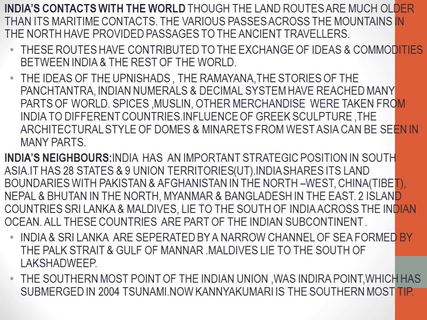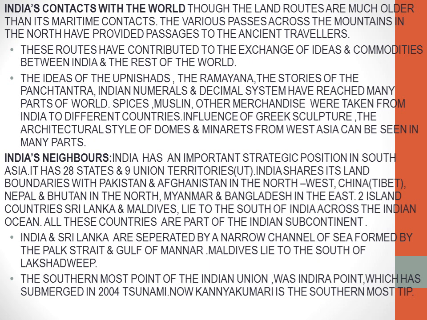Spices, muslin and other trading materials were taken from India to different countries, and in India we can also see the influence of Greek sculpture and architectural styles of domes and minarets from West Asian countries, that means Muslim countries. It can be seen in various buildings of India.